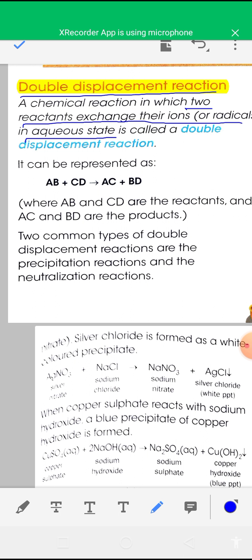It can be represented as AB plus CD gives AC plus BD, where AB and CD are reactants and AC and BD are products.